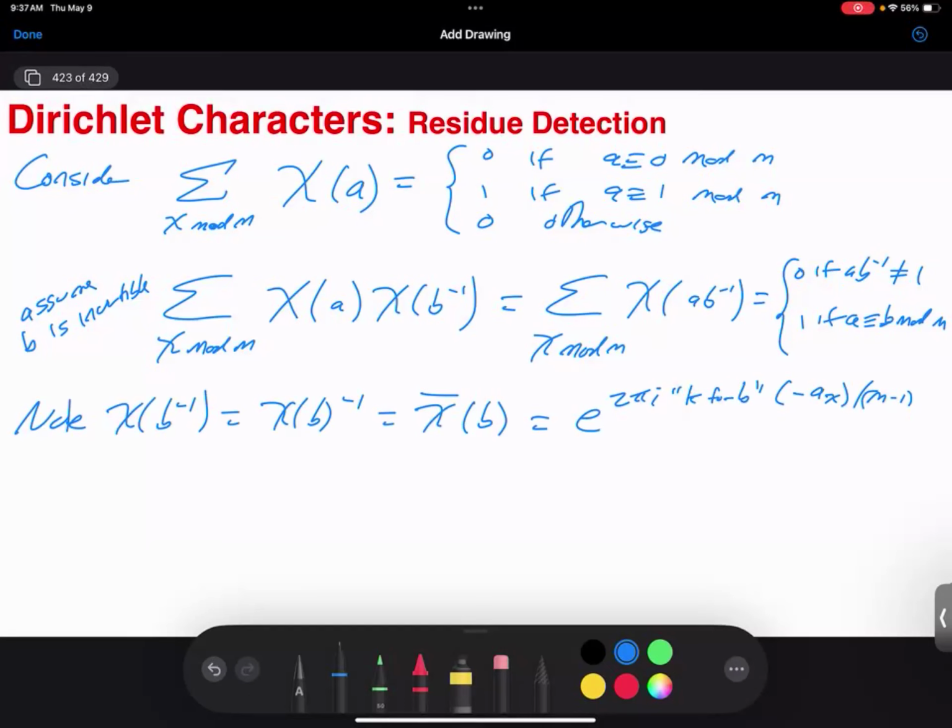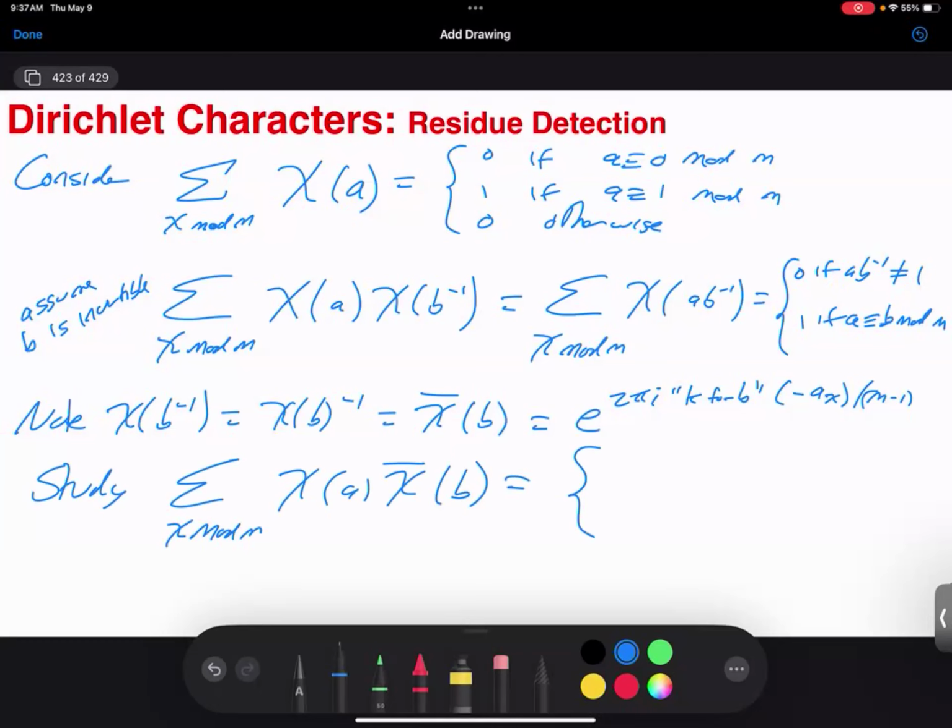So really, we could study the sum of chi mod m, chi of a, chi bar of b. And that would be 1 if a is congruent to b mod m and 0 otherwise.